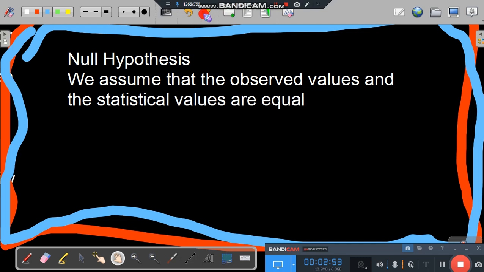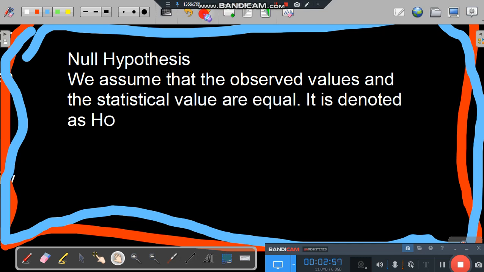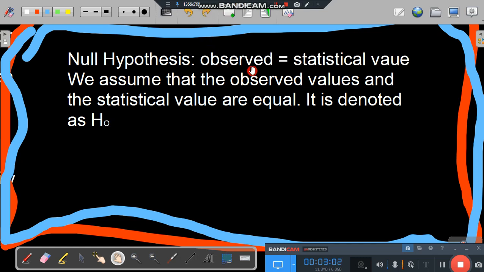Actually, what is a null hypothesis? Look at that: the observed value is equal to the statistical value. There is a mistake here, it should be VALUE. Right. Observed value equals statistical value. Then this blind idea means that we don't know the outcome; we don't know whether it is accepted or rejected. We have to apply the statistical test, and only then can we predict the result of this statement.